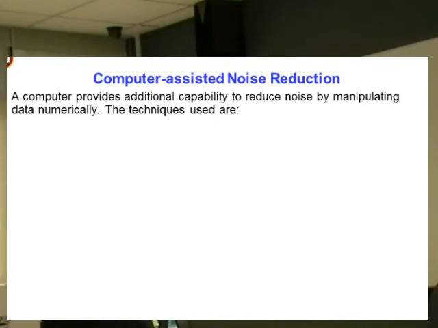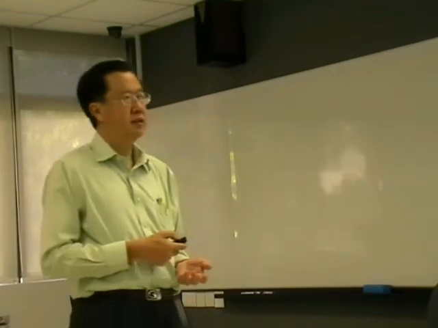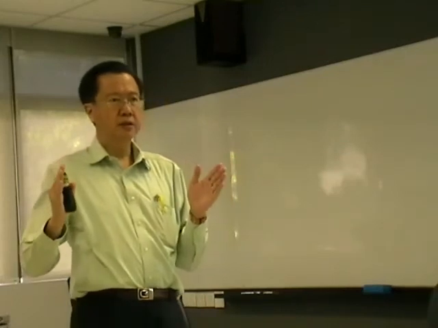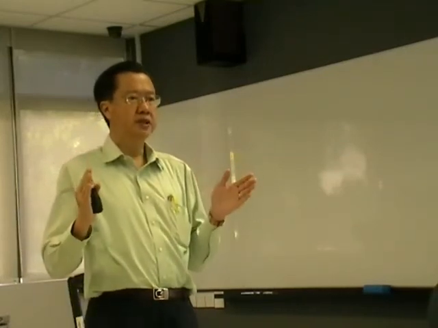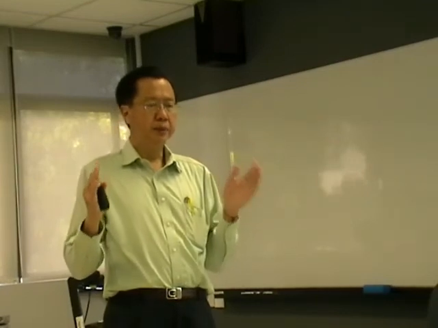So, computer assisted noise reduction. Once you digitize the signal, you now have other options. For instance, signal averaging. In signal averaging, you detect one cycle of the signal, and typically it's a periodic signal. At least in biosignals, it tends to be periodic.